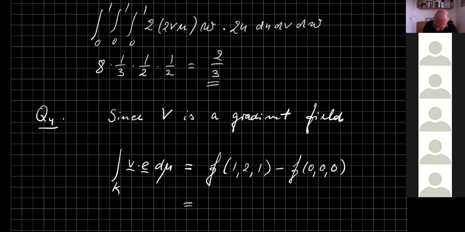So if you put this into the formula for f, you get 2 minus 0, which is equal to 2. So this is the final result of this exercise.